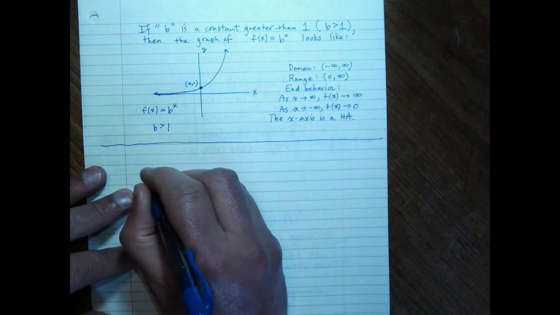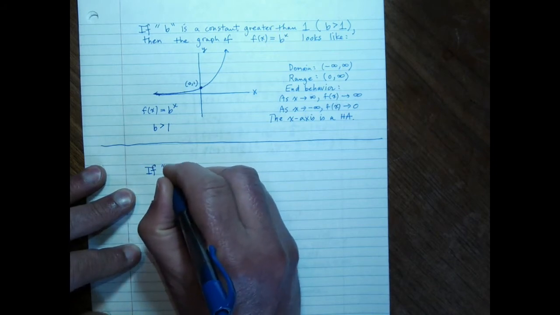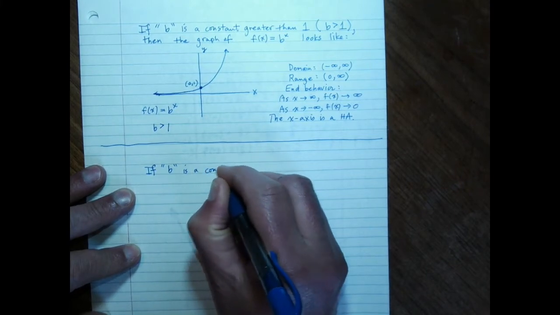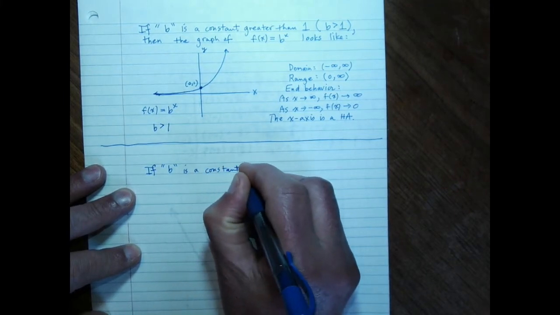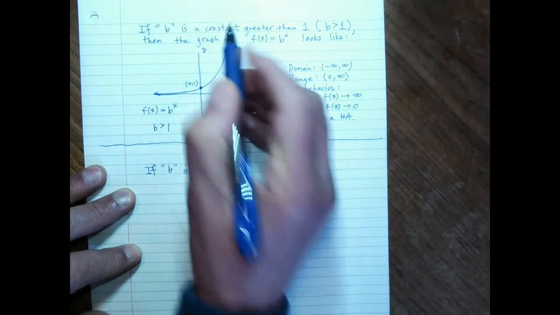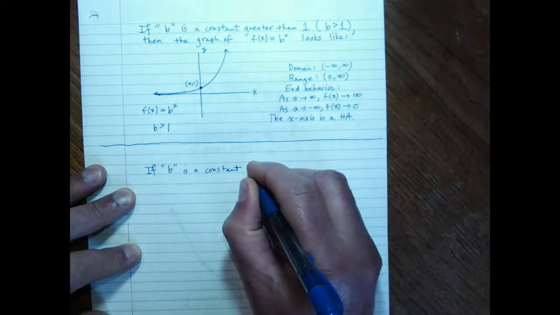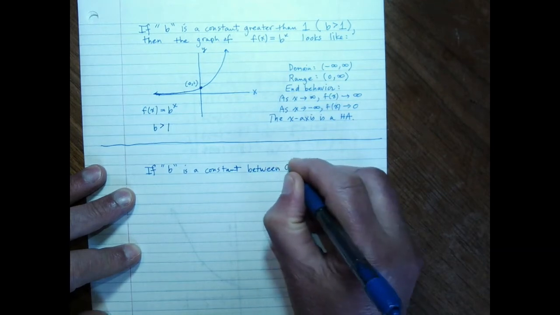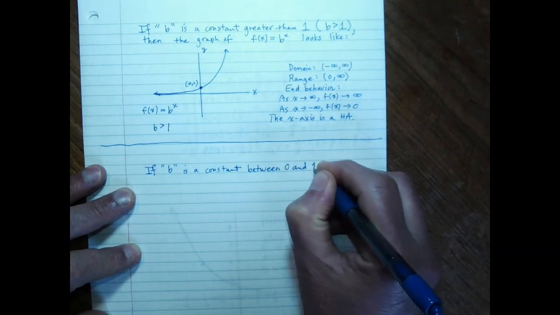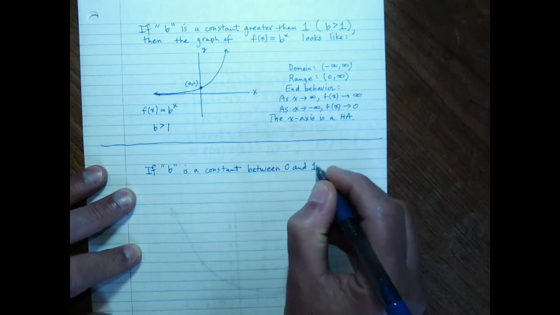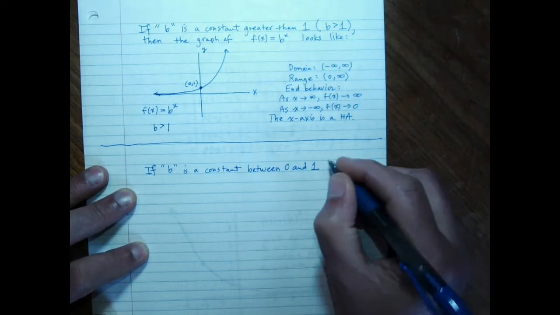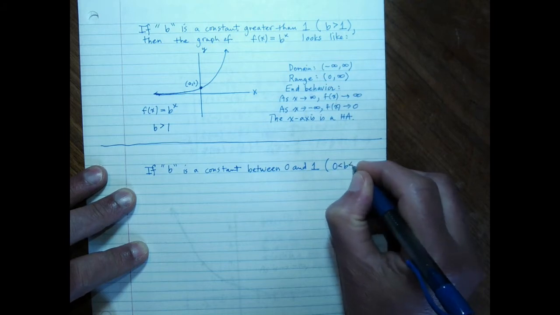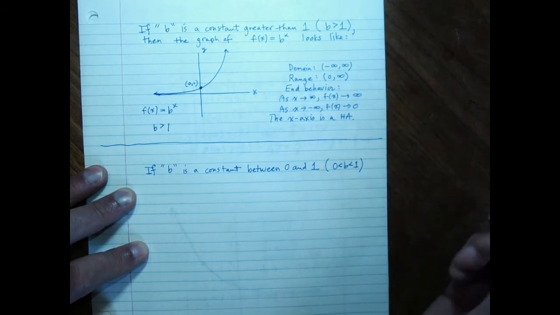Right below here I'm going to write: if b is a constant, and similar to what I said up there, but instead of greater than 1, I'm going to say between 0 and 1. So 1/2 is an example of that. Any fraction between 0 and 1 works. I could write 0 less than b less than 1.